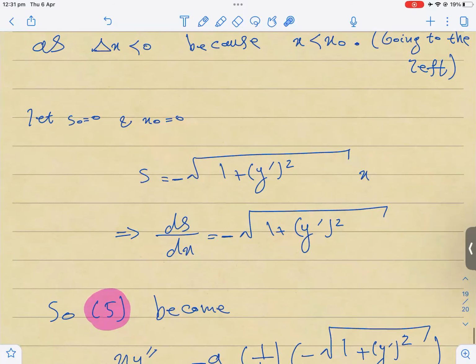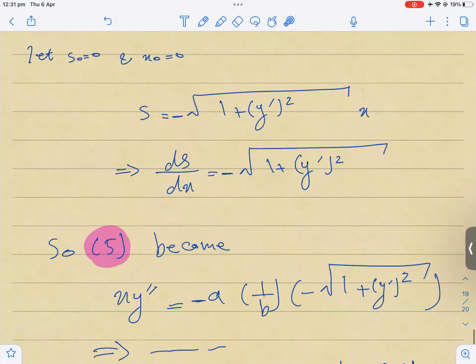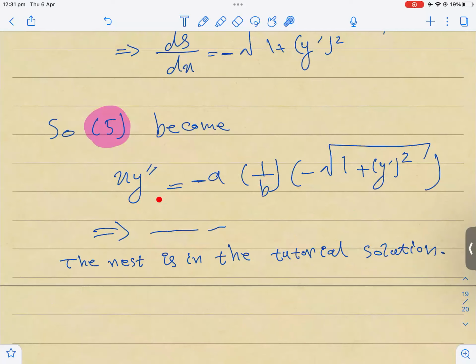That's why ds is this. So the equation will be this, this. For the rest, I won't do anything. Obviously, I should take y prime equal to p and proceed. The rest of the things is in the tutorial solution.